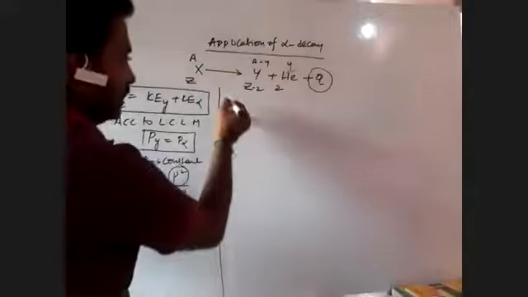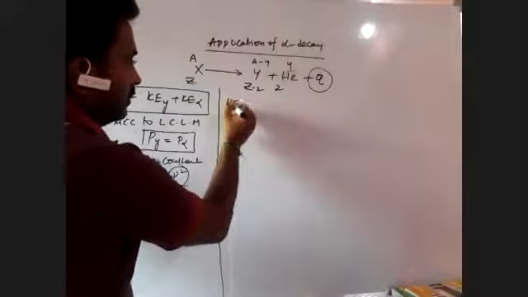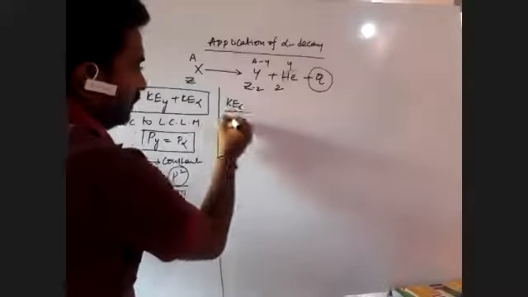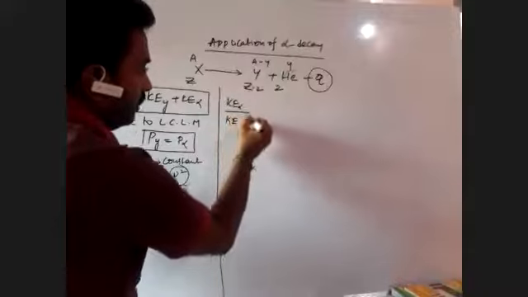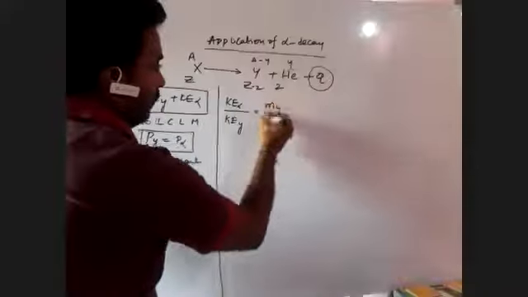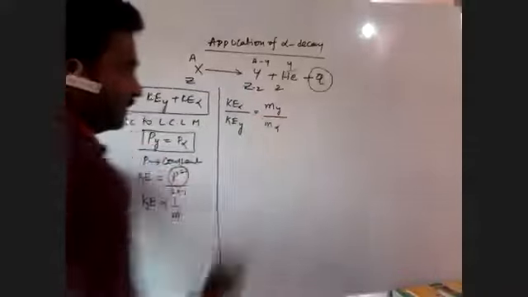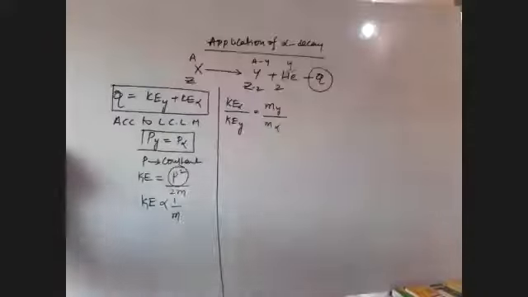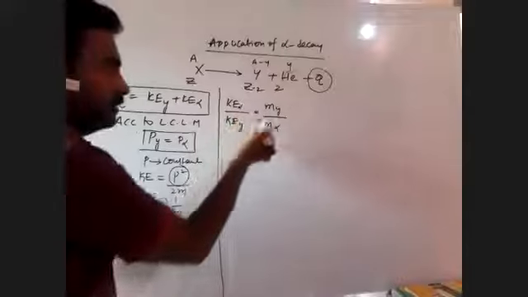So what can I write? The kinetic energy of the alpha particle by the kinetic energy of the daughter nucleus is inversely proportional to the mass of alpha by the mass of Y. That is, KE alpha by KE Y equals M Y by M alpha.